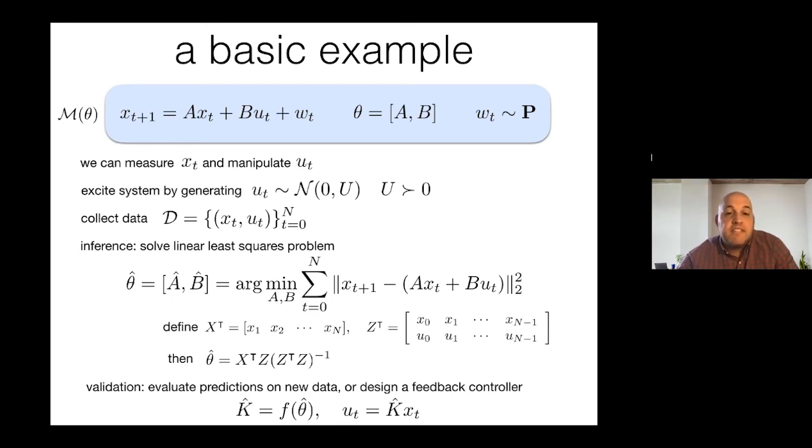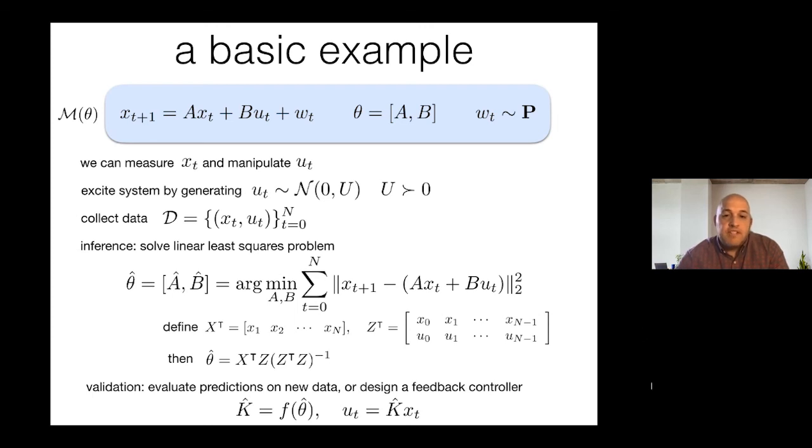Random signals are a good way to excite all the dynamics that might be present in your system. So at every time t, you just draw your input signal from a normal distribution, say, that has a certain covariance matrix, and you do that over some finite time horizon and collect the state and input data. So you have these time series trajectories of the states and inputs, and we'd like to use that data to estimate these unknown parameters, the matrices A and B.